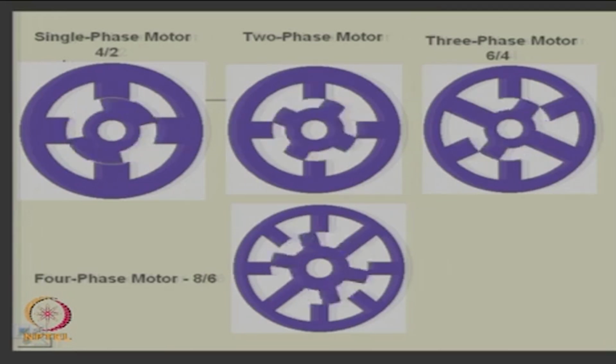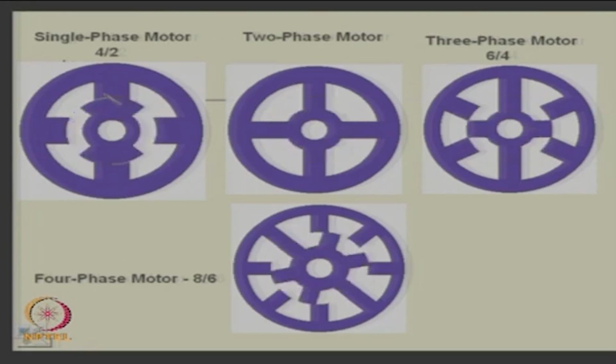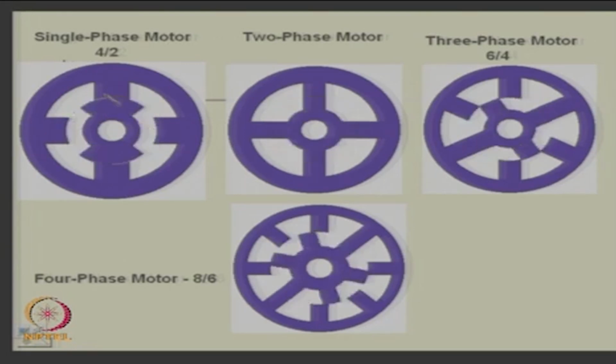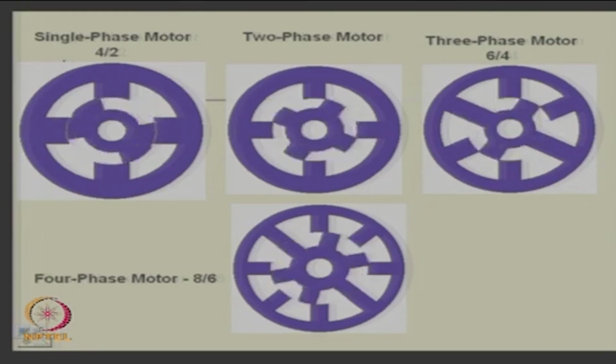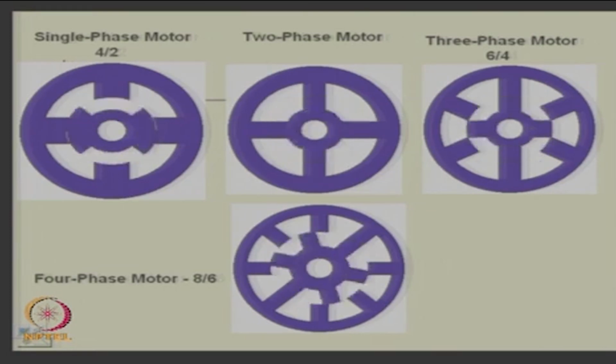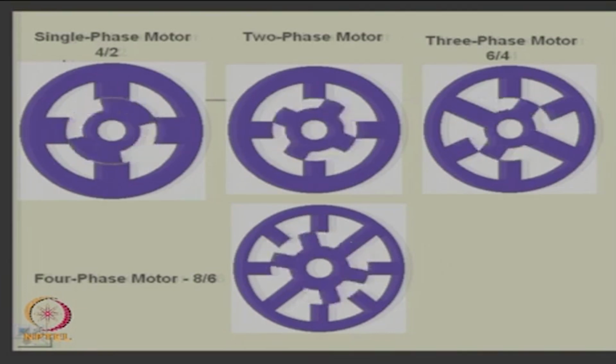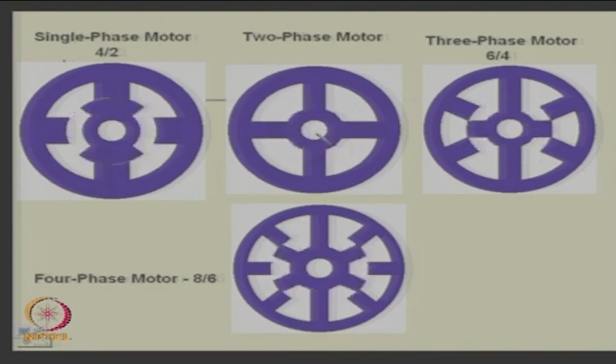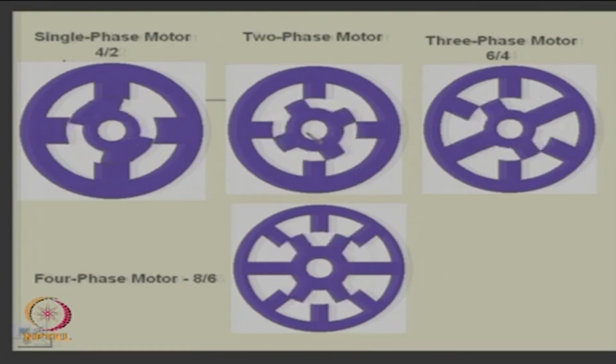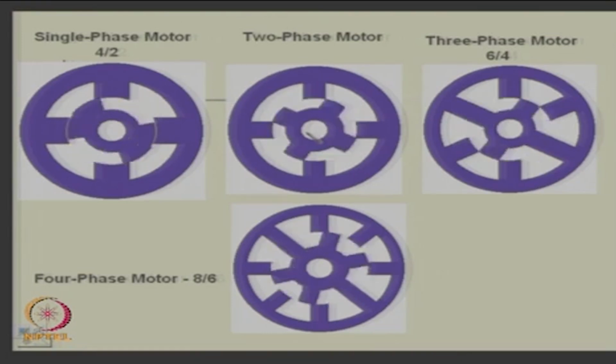What is the first one? This is a 4 by 2 machine, 2 rotor poles. So, it is rotating as the stator is switched. And what is the combination here? 4 by 4, still it works?